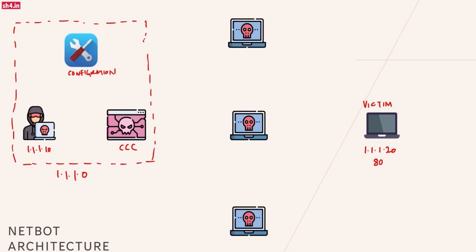Assuming that you have deployed NetBot and you control 3 botnet machines on the same network with the IP addresses 1.1.1.11, 12, 13. All these machines are connected to CCC.